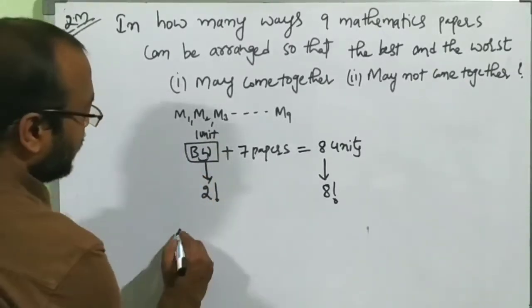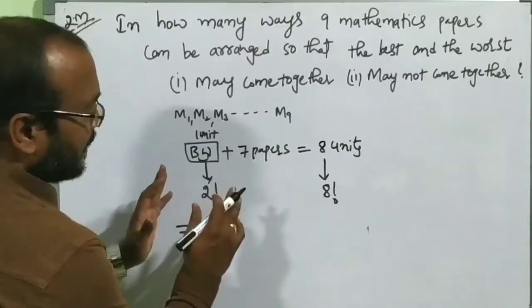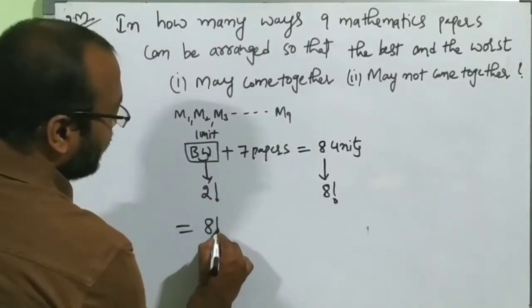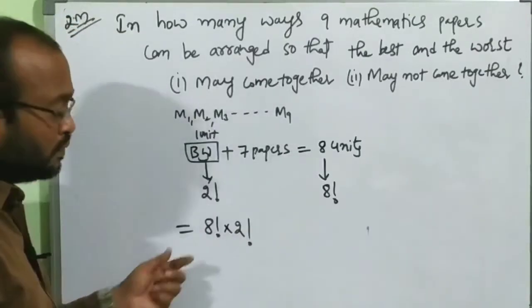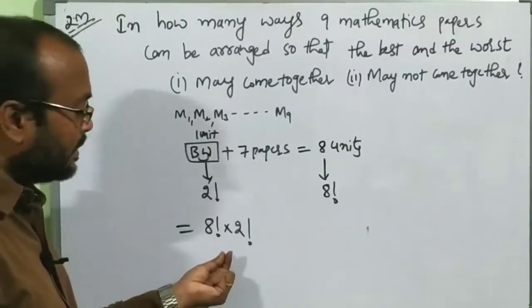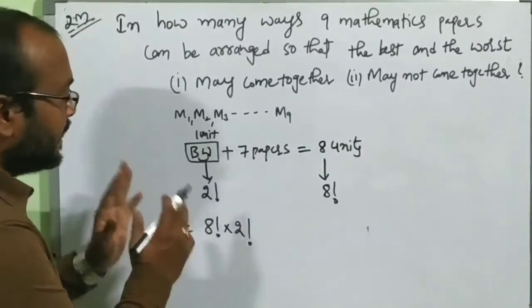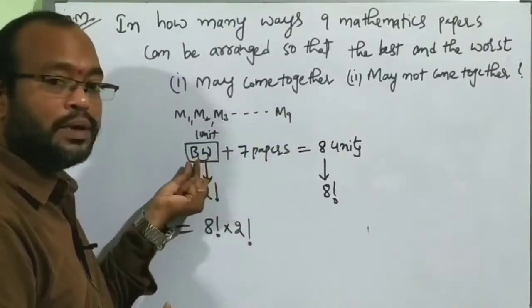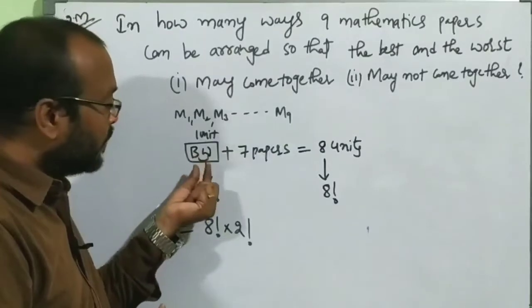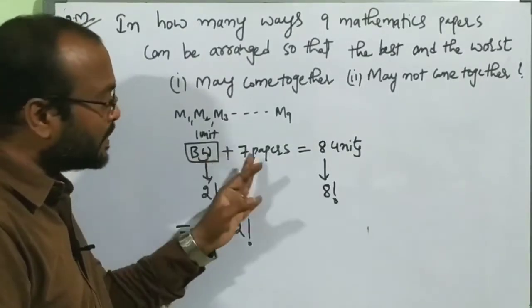According to the fundamental principle, the total arrangements are 8 factorial into 2 factorial. So there is no need to calculate. Just keep it like this, we can get the marks. Once again, whenever come together is there, consider those 2 papers as one unit. When we consider this as a unit, the remaining papers also become units.